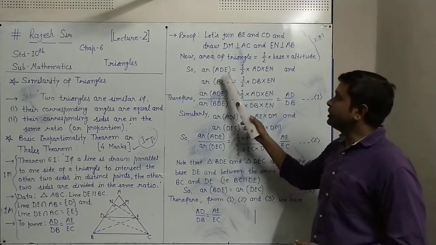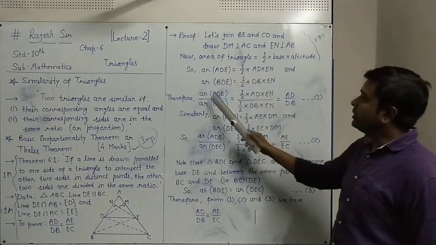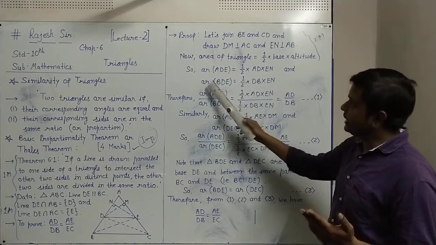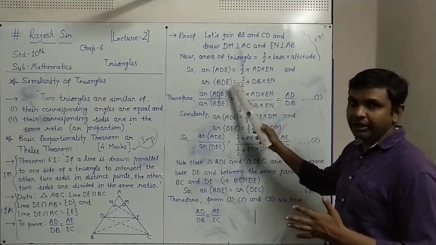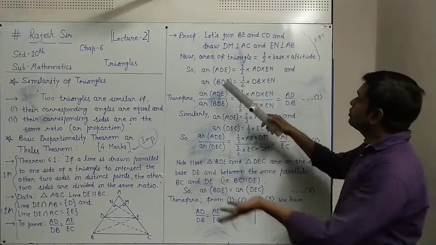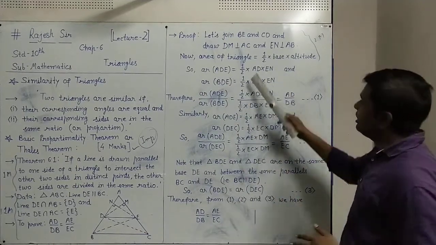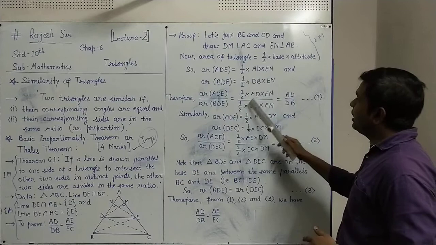Therefore we take the ratio of these two areas: area of triangle ADE up and area of triangle BDE down. The right side will be half AD into EN upon half DB into EN.